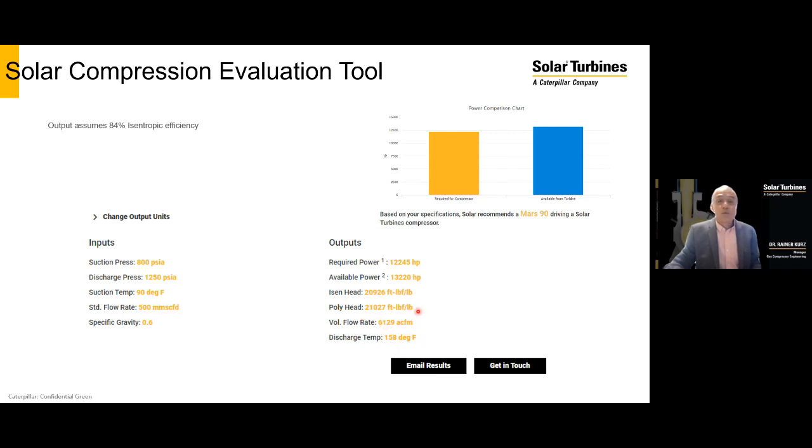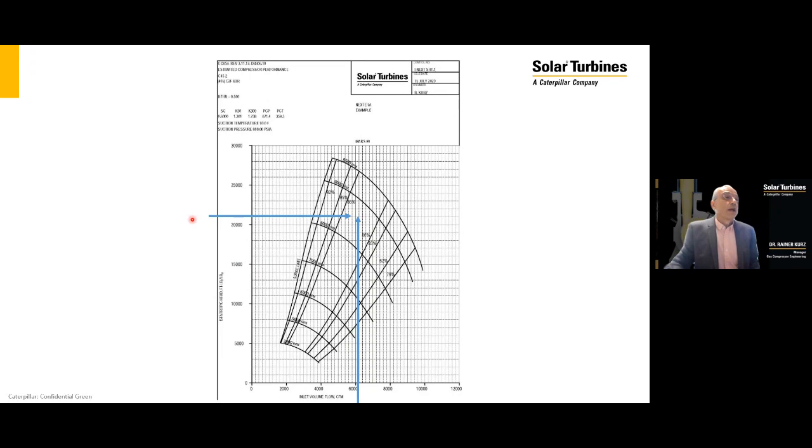Now, what am I doing with this? Well, if you happen to have a compressor already and you have a compressor map, then with this simple calculation, and just remember here, I'm at about 20,000 feet of head and a little over 6,000 ACFM, you take your head versus flow map, and you look up the isentropic head, and you take the flow, and now you know my compressor will operate right here.